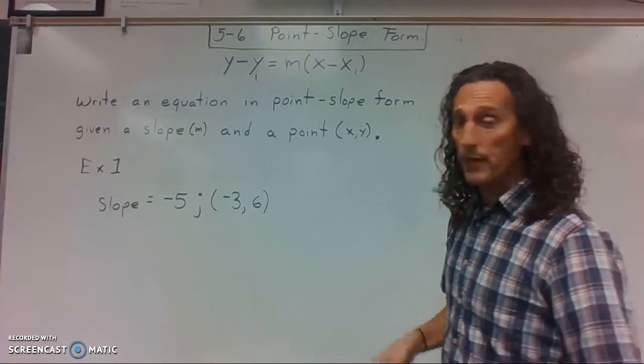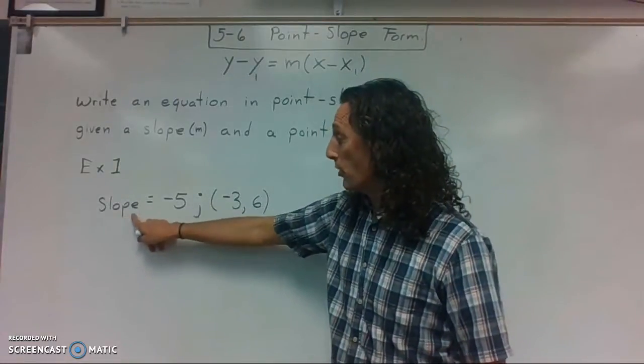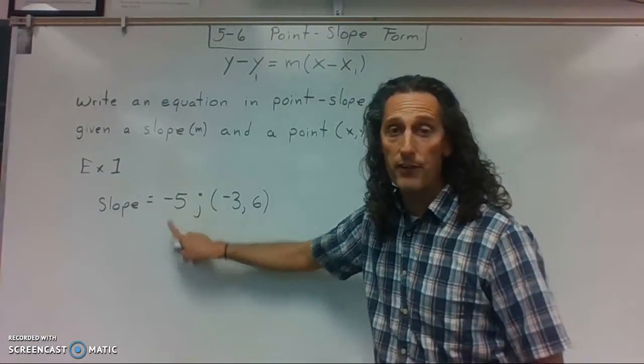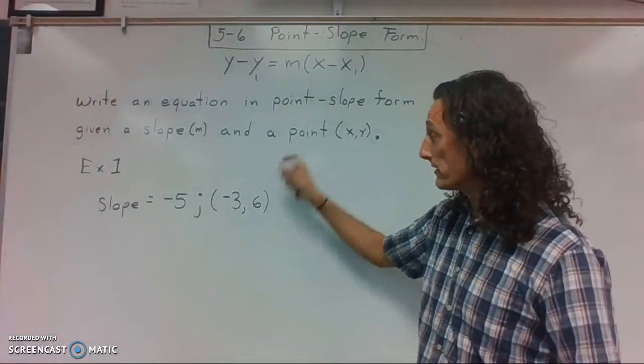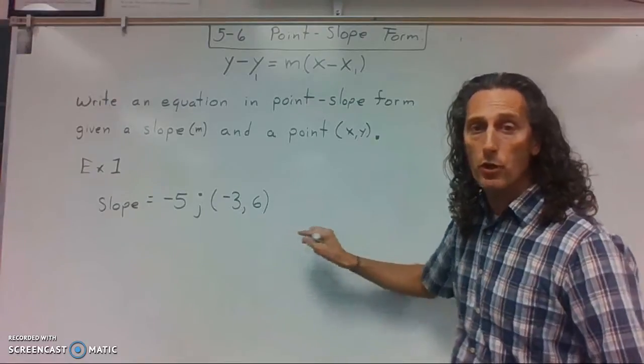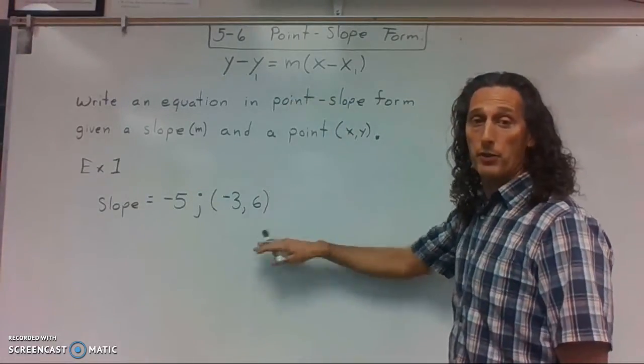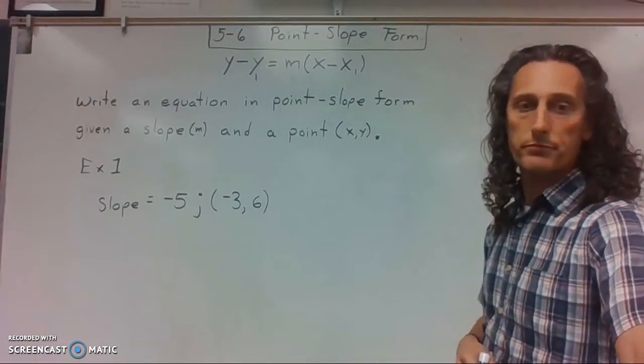And copy down example 1, and here's my slope. So we're given the slope of -5, and then we're given a point of (-3, 6). So go ahead, hit pause, copy this down, and then we're going to solve example 1.